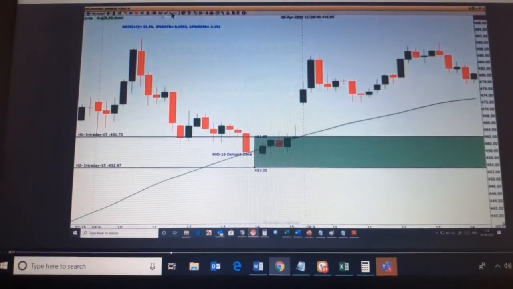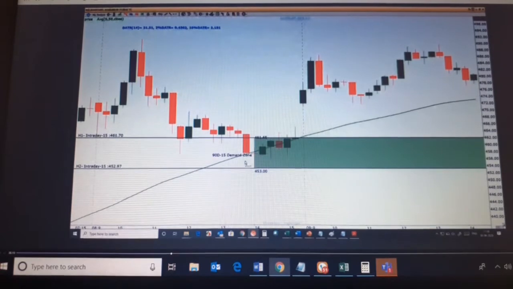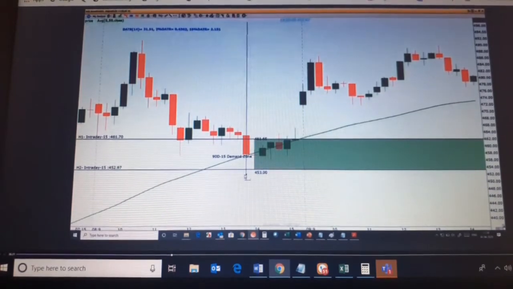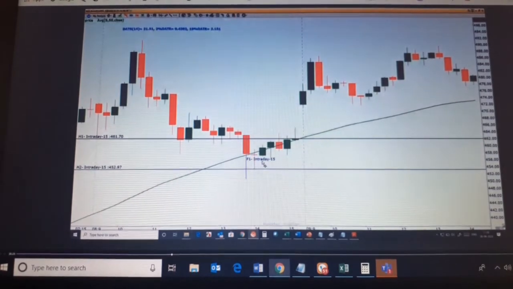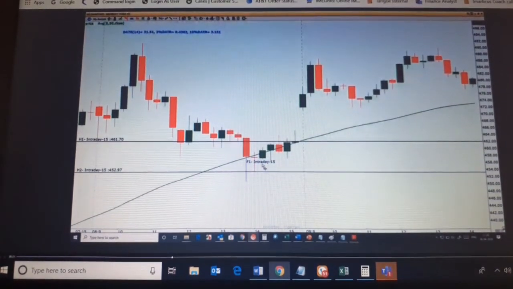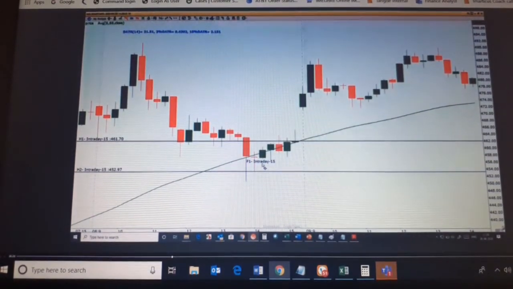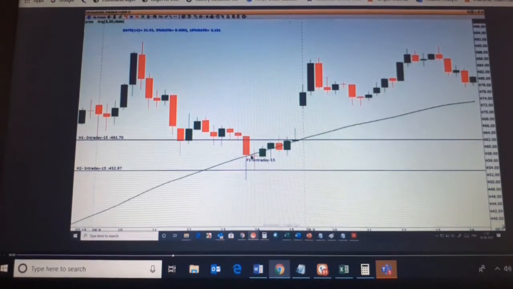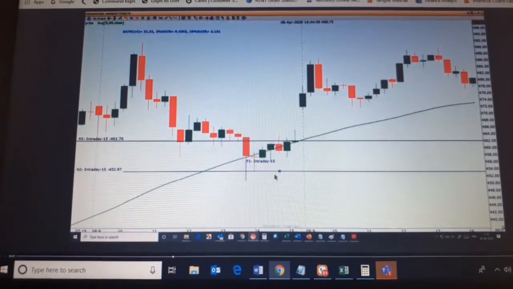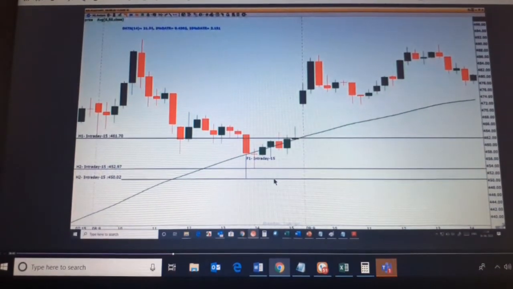Now let's suppose that my leg-in wick was something like this. So where would my distal line come in this case? On the leg-in wick, because this is the lowest wick in the entire formation. So then your distal line shifts over here.